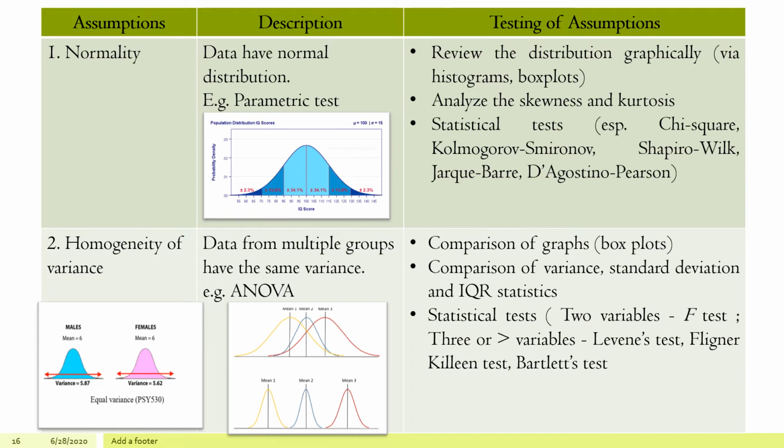That is our second assumption. So comparison of the graphs, then comparison of the variance and standard deviation, then a statistical test. If two groups are there, you have to use the unpaired t-test. If it is the same group and you are measuring two times, you have to use the paired t-test.